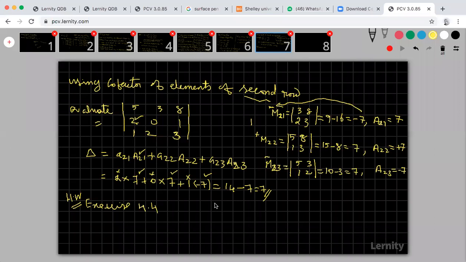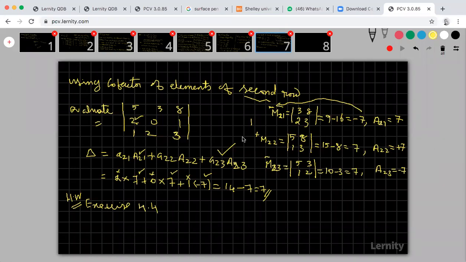But the method they mentioned is using cofactors of elements of the second row, that means the cofactor method. Using cofactors, you are going to find the value of the determinant. So this is the procedure to find the value of the determinant using cofactors. So we have to follow this only. Follow this and complete the problem.